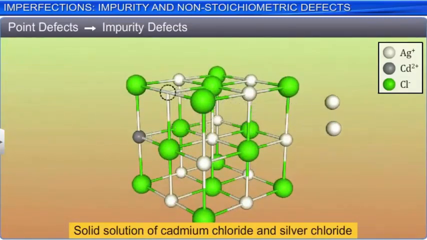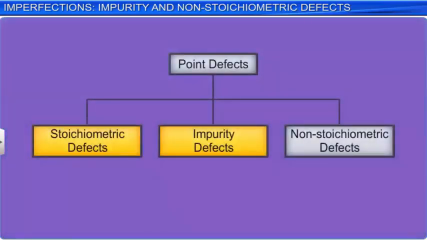The defects that we discussed so far do not disturb the stoichiometry of crystalline substances. However, non-stoichiometric defects affect the stoichiometry of crystalline substances. Let's first define a non-stoichiometric defect.